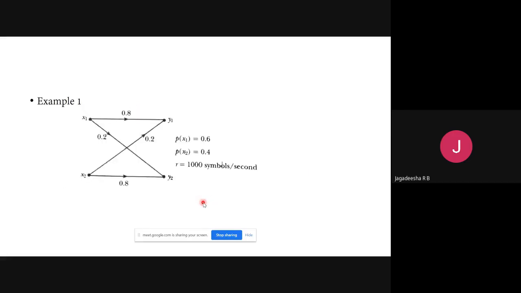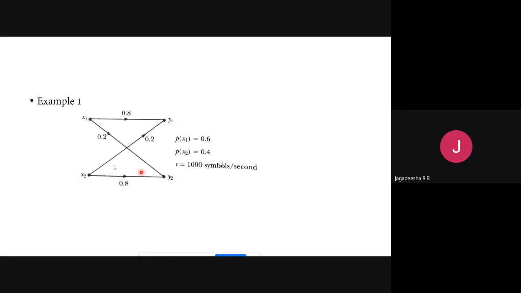Now based on these equations, we will try to address the first question. In the first question, a channel is given. This channel consists of two inputs, x1 and x2, and two outputs, y1 and y2.